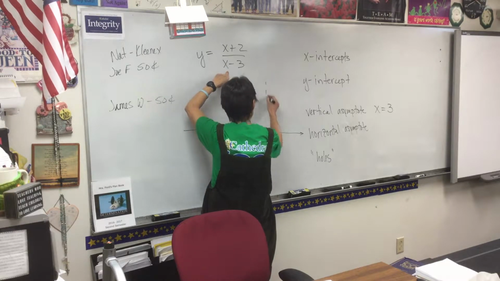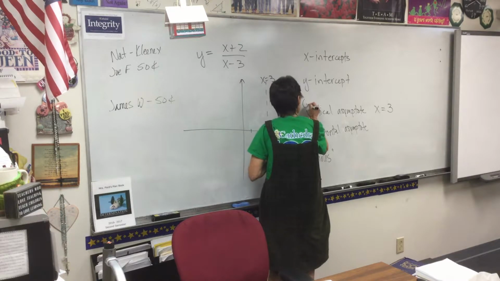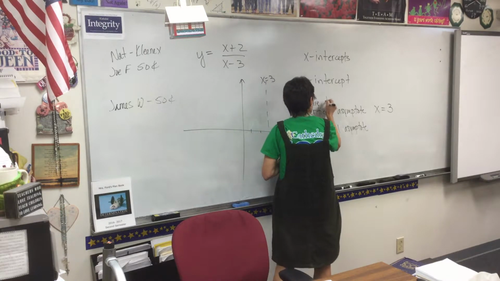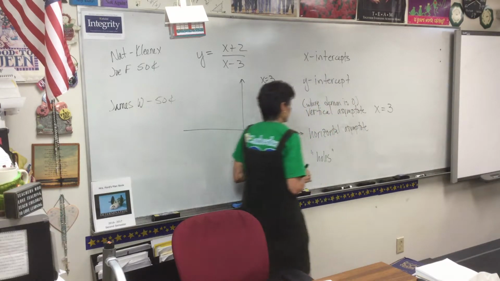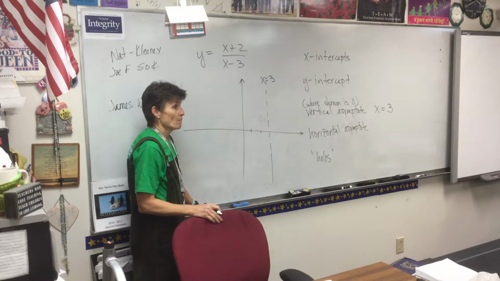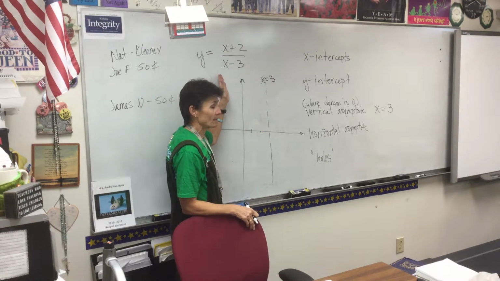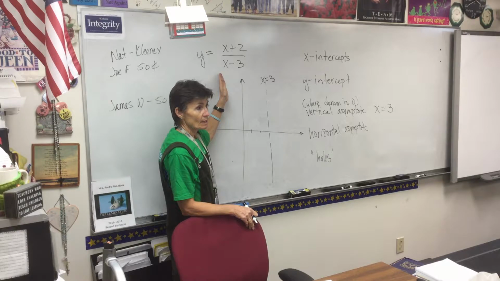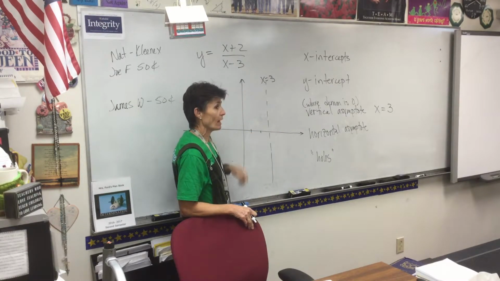So your vertical asymptote is where the denominator is 0. That's your vertical asymptote. So all of these problems now in this section are going to have denominators. In any place the denominator is 0 is going to be a vertical asymptote.